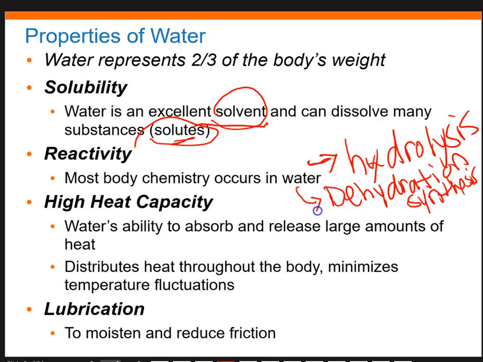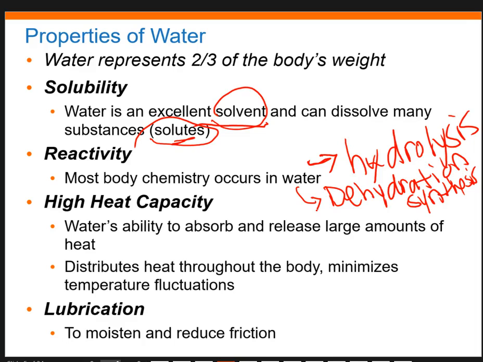And both of those reactions occur in water, right? Either we put water in or we take water out, but water is necessary in both situations. That's the case for a lot of the chemistry, a lot of the reactions that happen in the body.